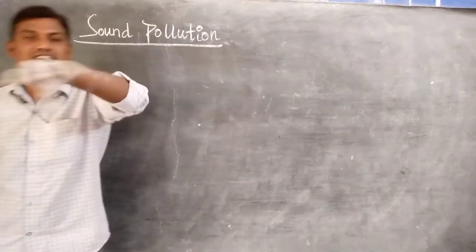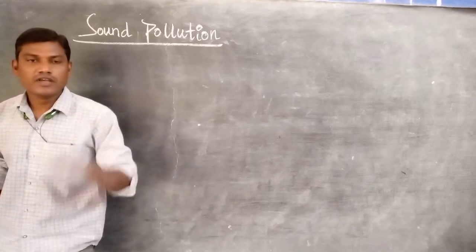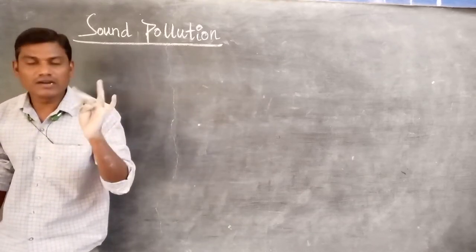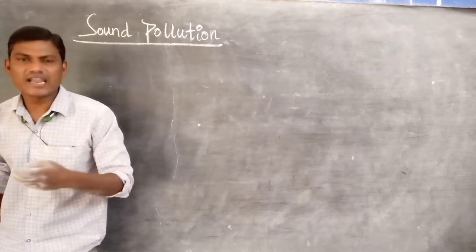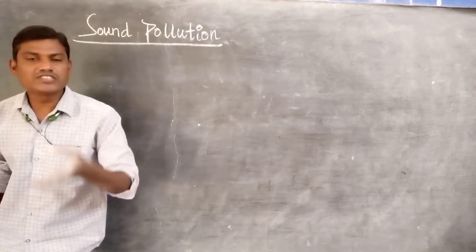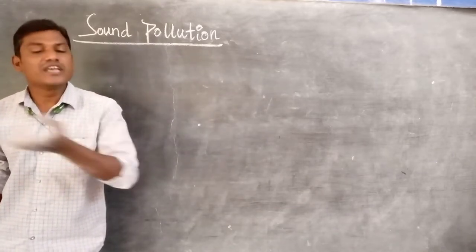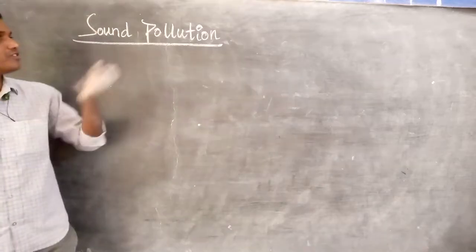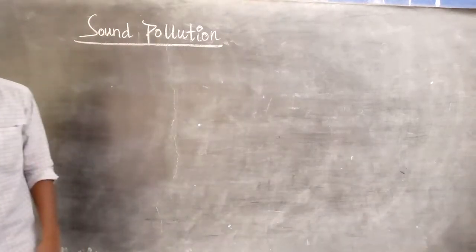When a person is in an area of sound pollution, the first is nausea, the second is hypertension, the third is headache, and also sleeplessness, meaning you do not sleep properly. These are the main things that arise due to sound pollution when a person is in that area.